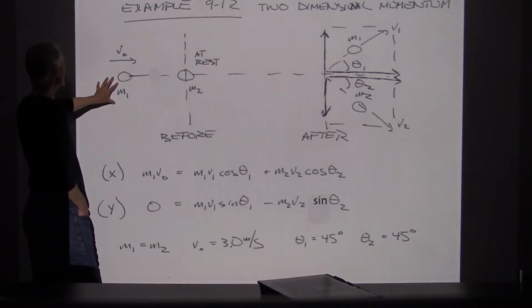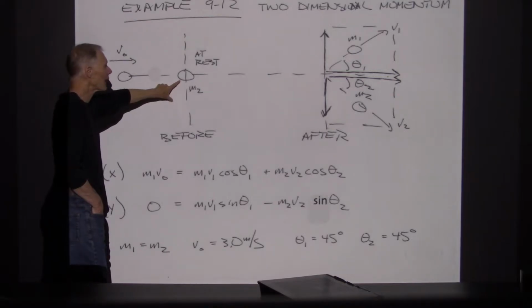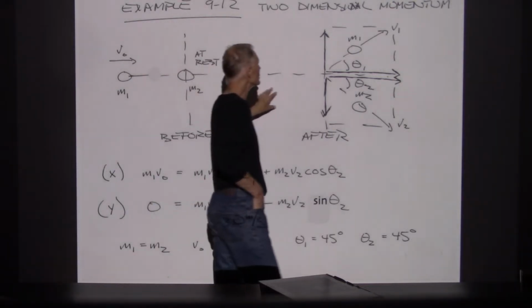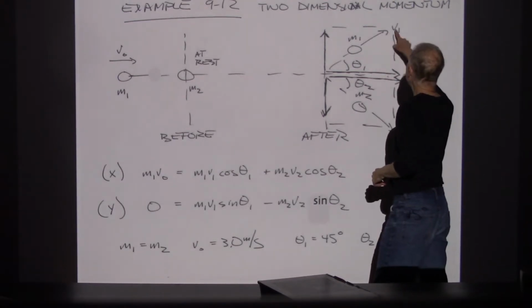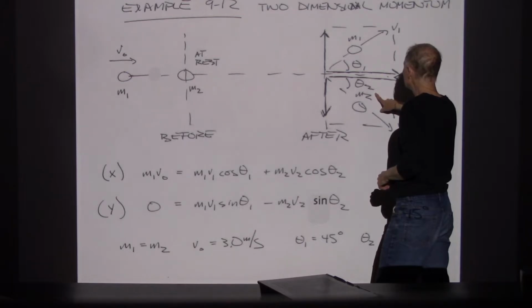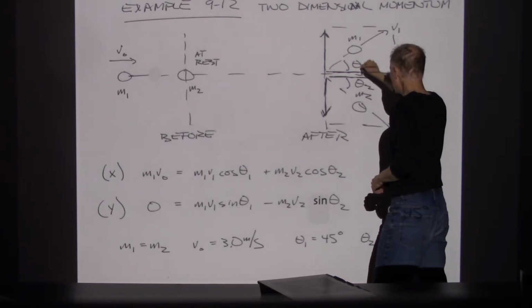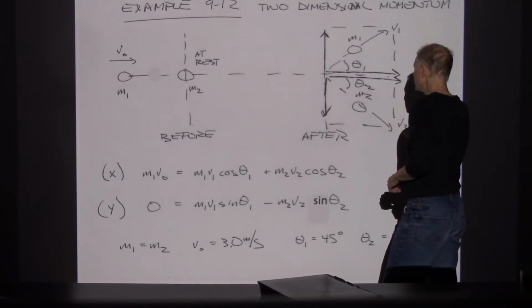Here's the object M1 coming in at V0. Here is object M2 at rest. After the collision, M1 is heading off at θ1 and a speed of V1, while object 2 is directed at an angle of θ2 with a speed of V2.